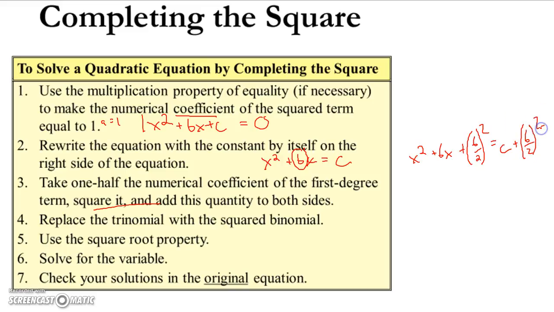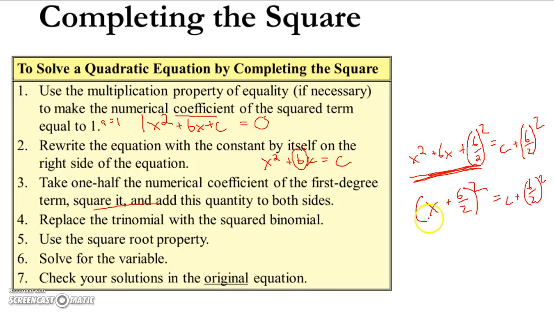We're taking half of that b, squaring it, and adding it to both sides of the equation. Why? Because now this is a perfect square trinomial, and we can use the concept from the last page. Now we know that this is the same thing as (x plus b/2) squared equals c plus (b/2) squared. This you'll be able to calculate.